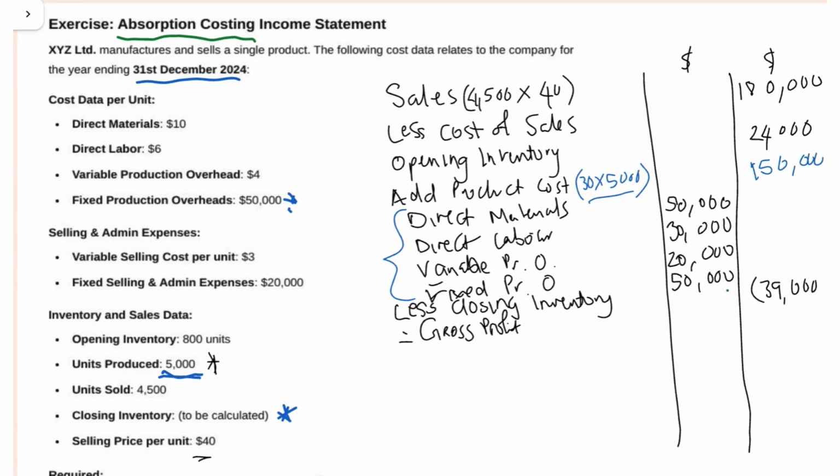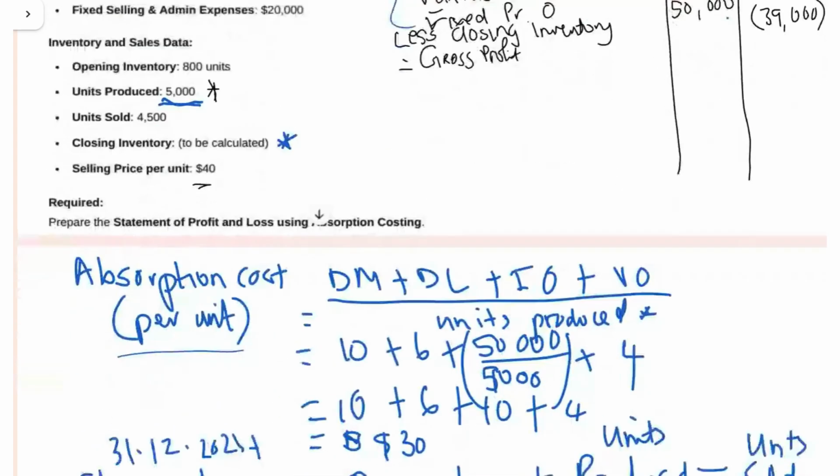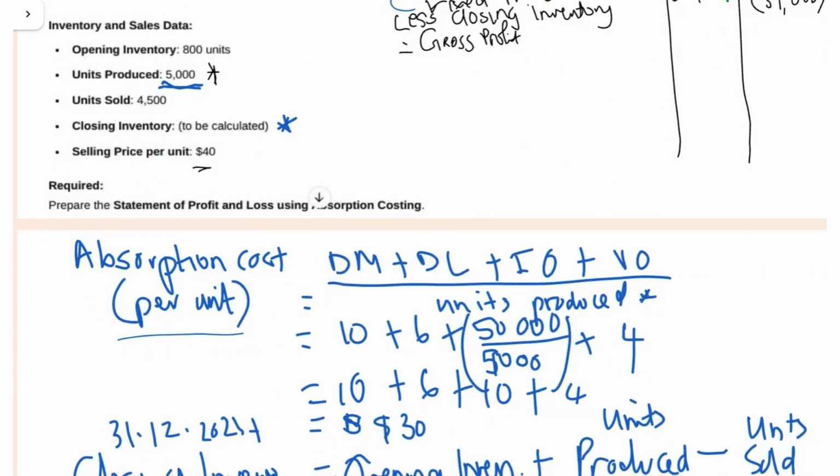39,000. Okay, so this is just a difference. So absorption costing, you always have to include your fixed costs. That's why, to make it easier for you, we have to calculate our absorption cost per unit, and then your fixed manufacturing overheads will always be given to you in a large sum.